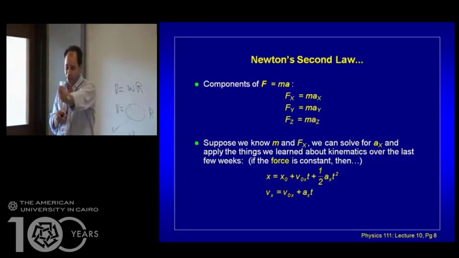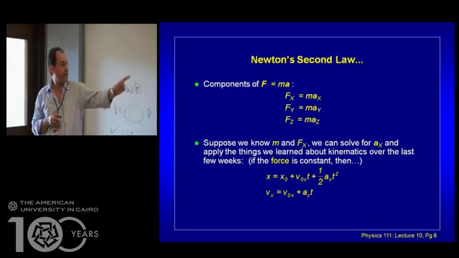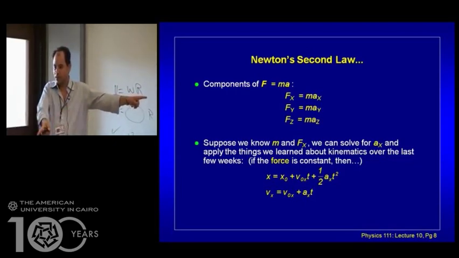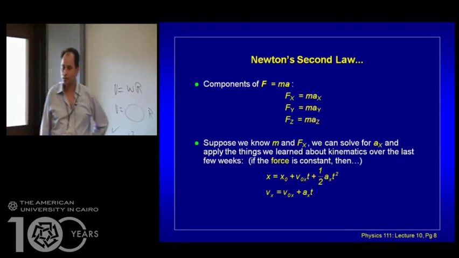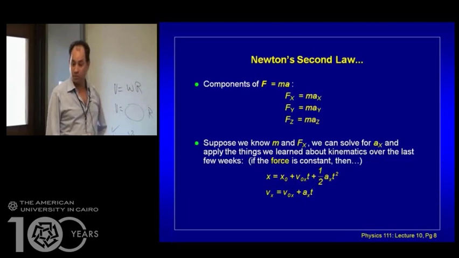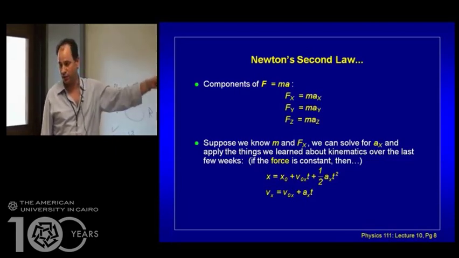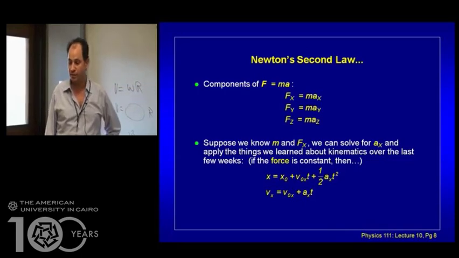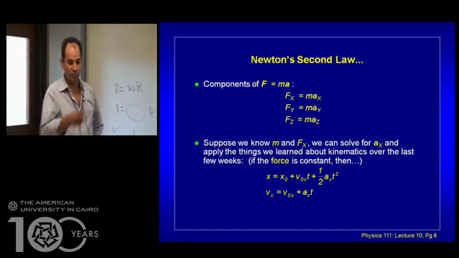But if you move at 60 degrees, then the x component is going to be F cosine theta, and the y component is going to be F sine 60. The mass will not change, but the x acceleration and the y acceleration are going to be different. They will be equal only if you move at 45 degrees. Otherwise they will be different.